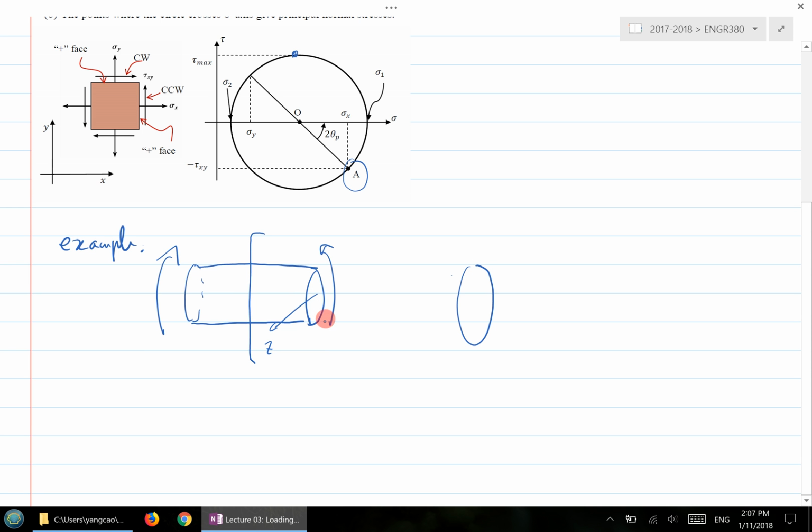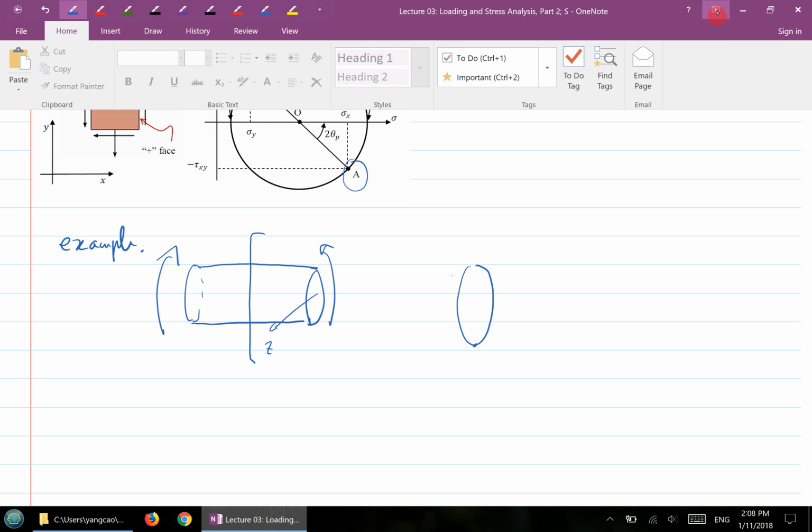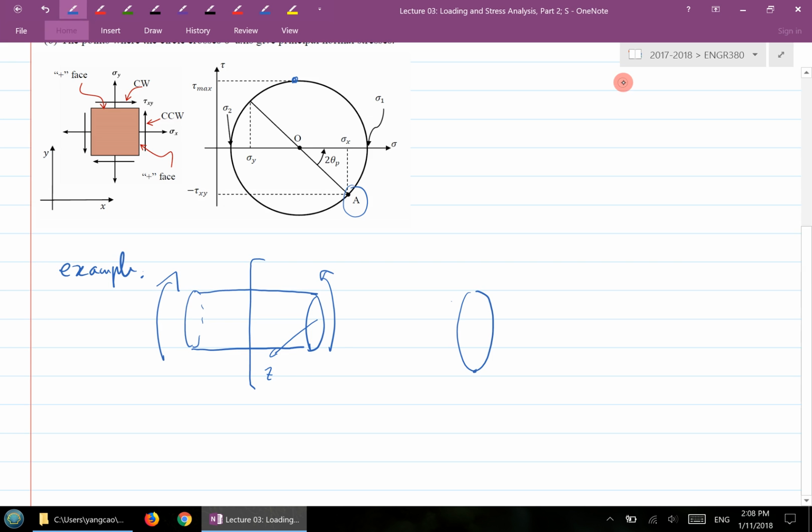the bending moment will give us bending normal stress. In this case, the bottom here will experience tension, and the top here will experience compression. So I'm going to take a stress element from the bottom here. The way you take it is you draw a very small rectangle at that location.